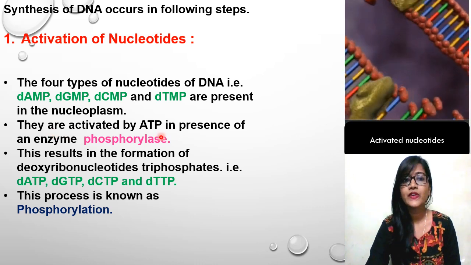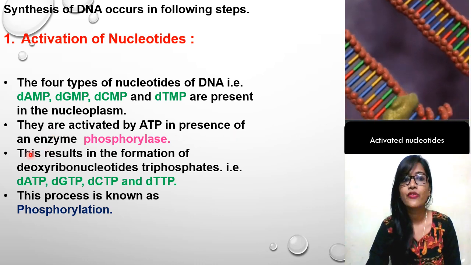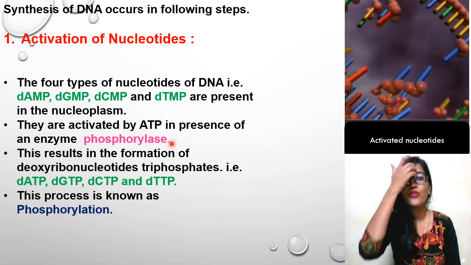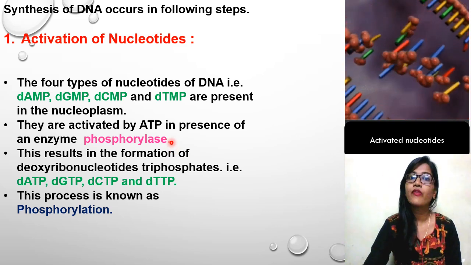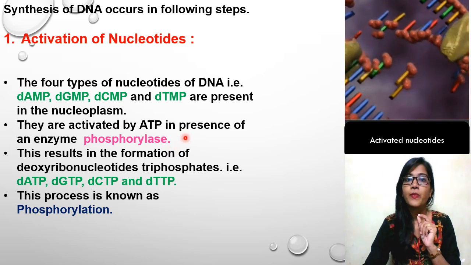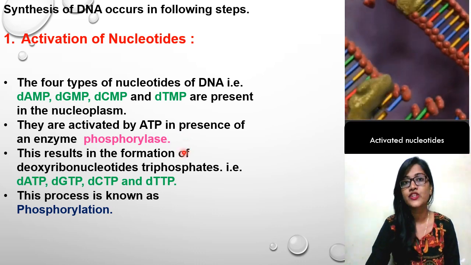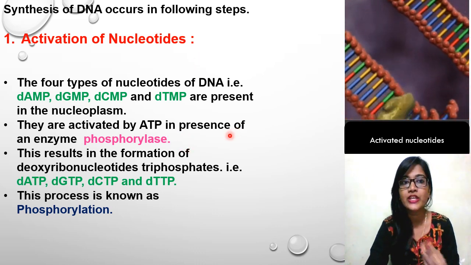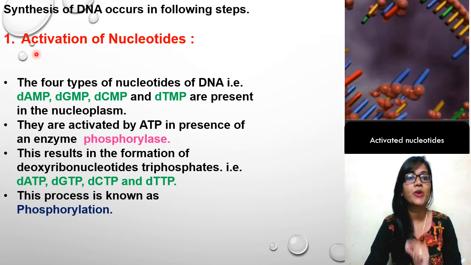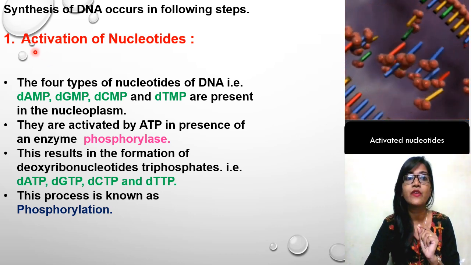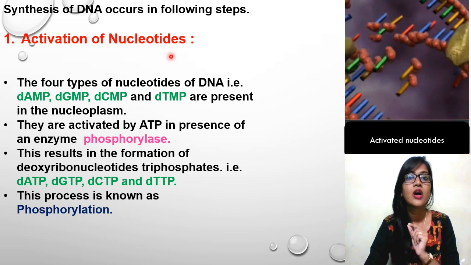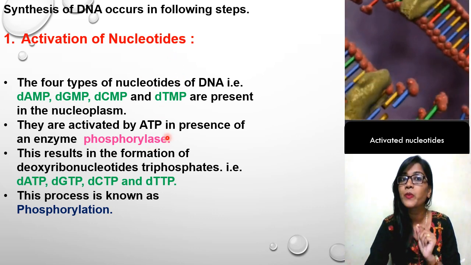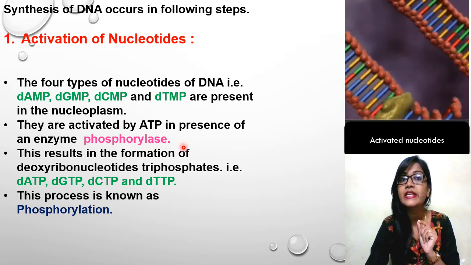They are activated by ATP in the presence of an enzyme called phosphorylase. Now, if you are studying the DNA replication part, it is very essential that you memorize and try to understand which step you are studying, and in that particular step which are the enzymes.